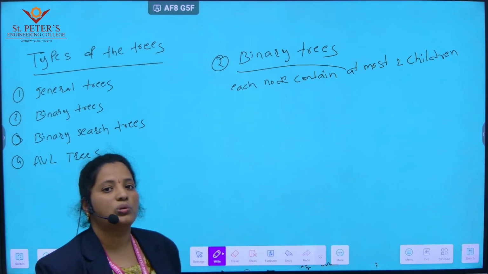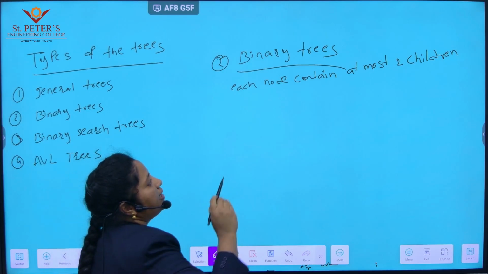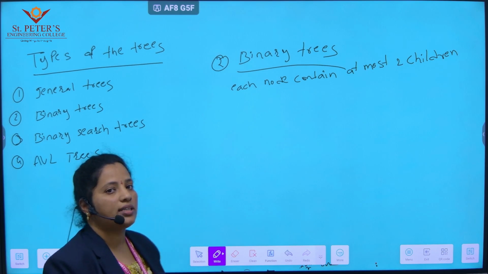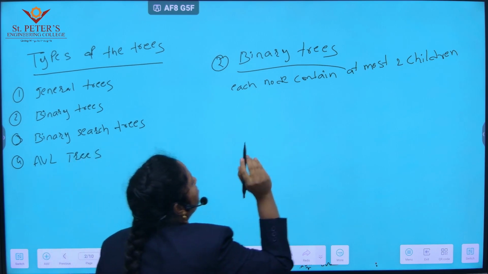At most two children means it should contain a maximum of two children only, not more than two children.